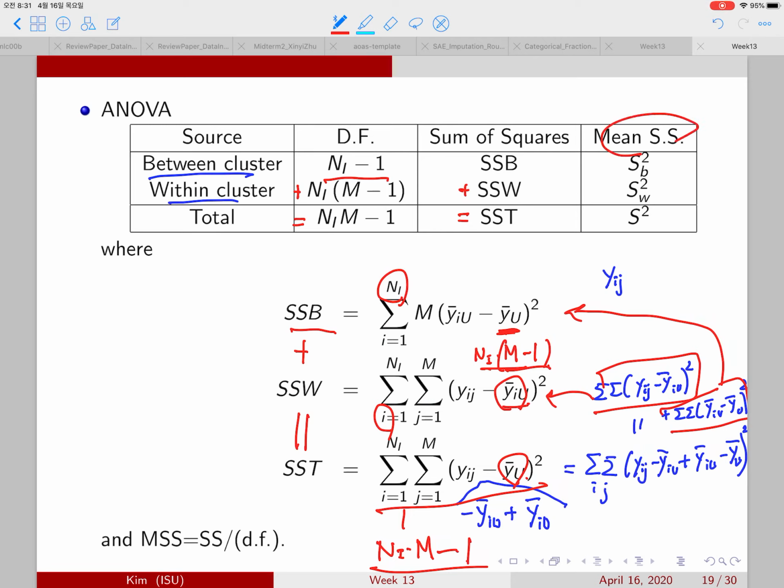And then mean sum of squares is a sum of squares divided by degrees of freedom. So this one is SSB divided by N minus 1, and SW squared is SS within divided by its degrees of freedom. Okay.